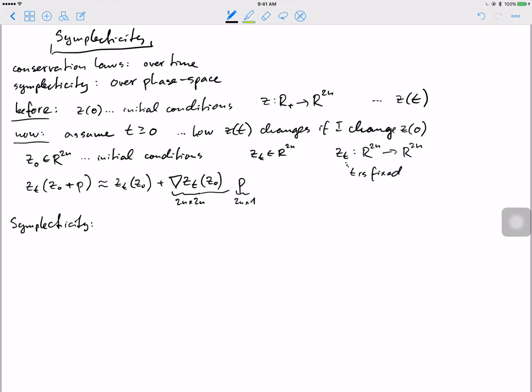Symplecticity means that the gradient of the ZT function evaluated at some state Z0, if I transpose it, multiply it by our old friend, the J matrix, and multiply it again by the same Jacobian, ZT at Z0, the condition says that this must be equal back to J. And that needs to hold for every Z0 from our phase space, in our case 2n.